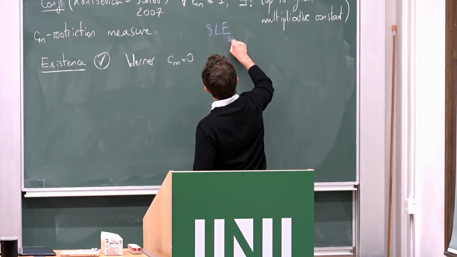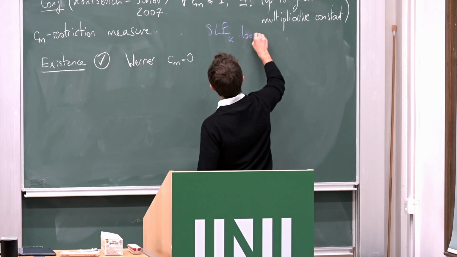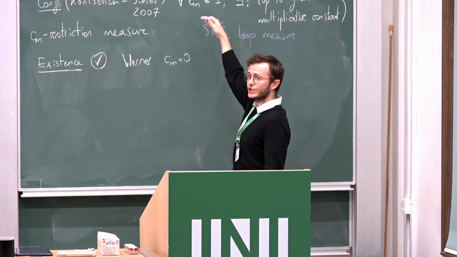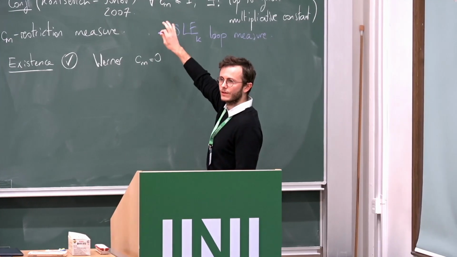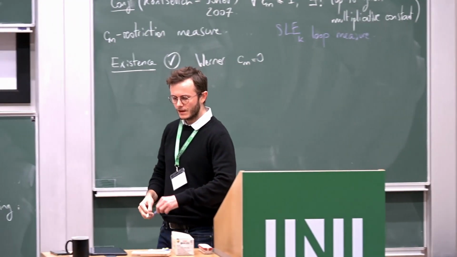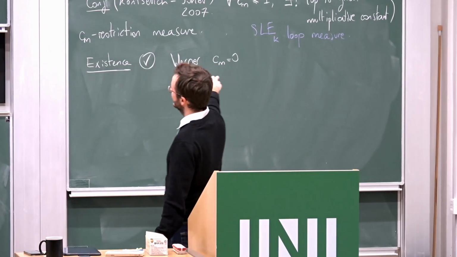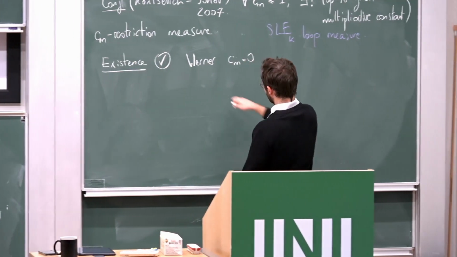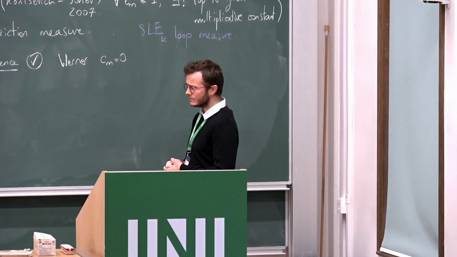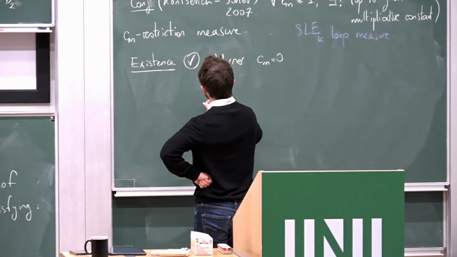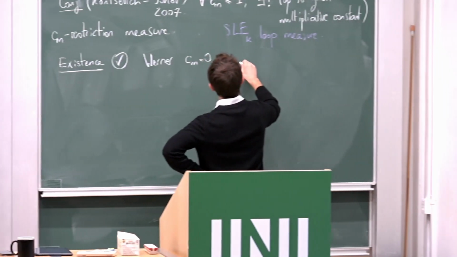The SLE kappa loop measure. At the time of the conjecture, they didn't really speak in those terms, of course. And kappa will be related to Cm via this relation over there. And Wendelin showed the existence of this first for Cm equals 0, so kappa equals 8/3.